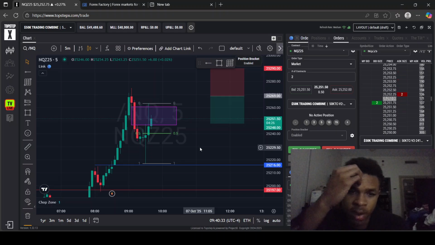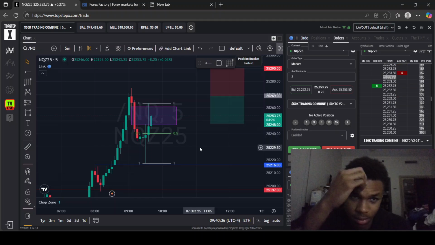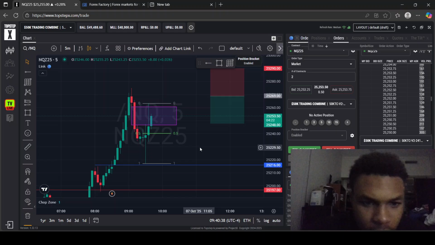If we inverse this fair value gap, it's going to be very interesting. I want to see it go a little higher.